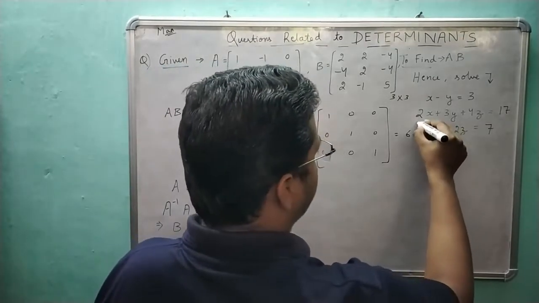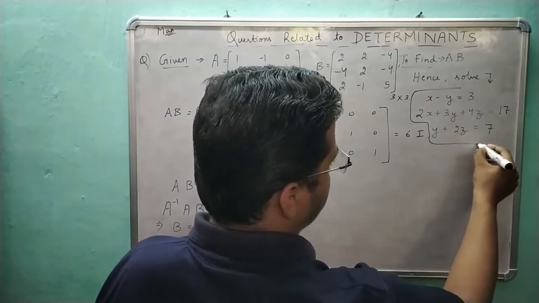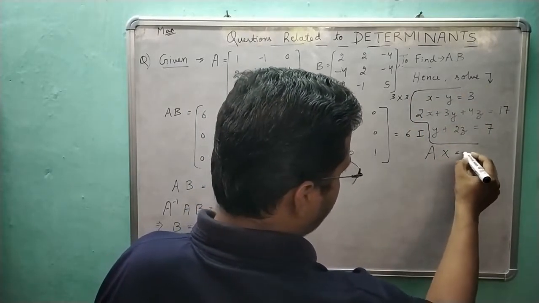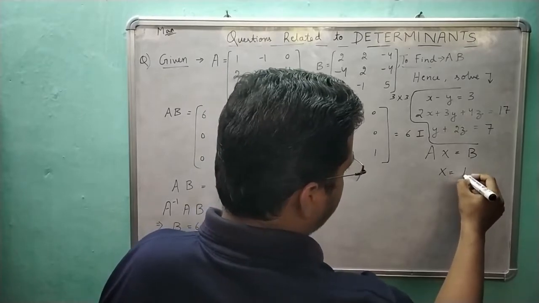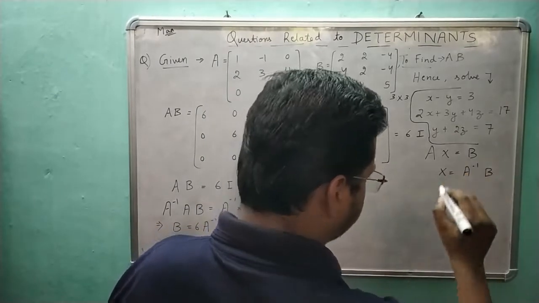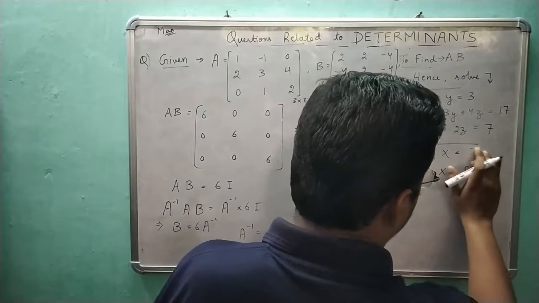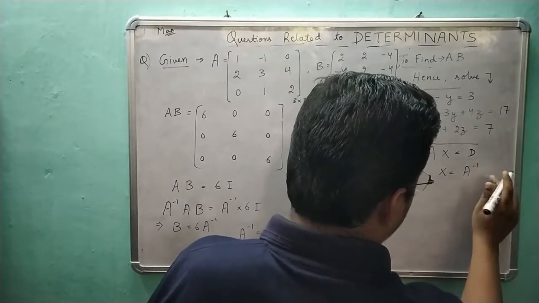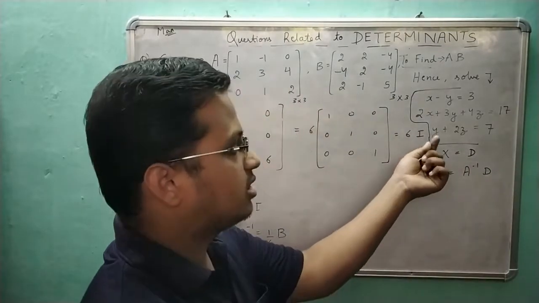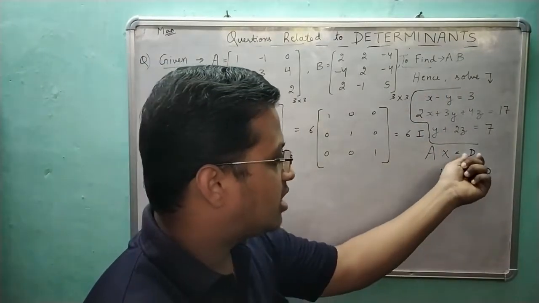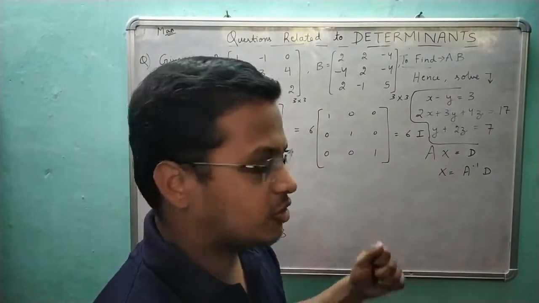Now, in order to solve this system of equations, we need AX is equal to B. So, X will be A inverse into B. And let us not take B here, let us take D. So, X is A inverse into D, where A is the coefficient matrix and D is the matrix containing these constants.